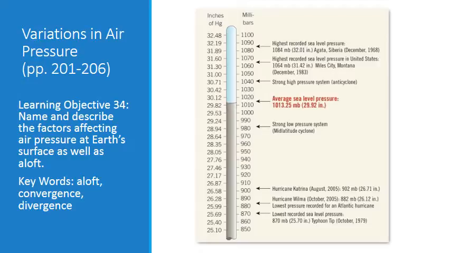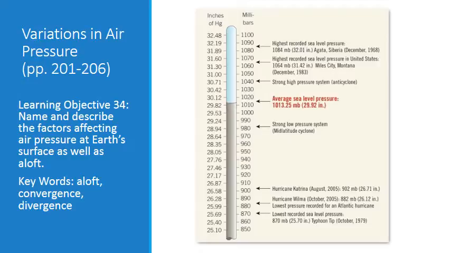Extreme readings are rarely more than 30 millibars, or 1 inch of mercury, above average sea level pressure, or 60 millibars below average sea level pressure. Occasionally, the barometric pressure measured in severe storms, such as hurricanes, is lower. But these small differences in air pressure can be sufficient to generate violent winds.